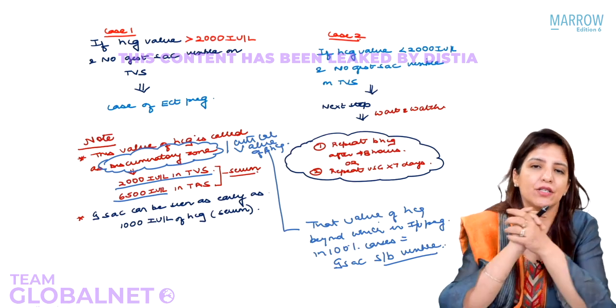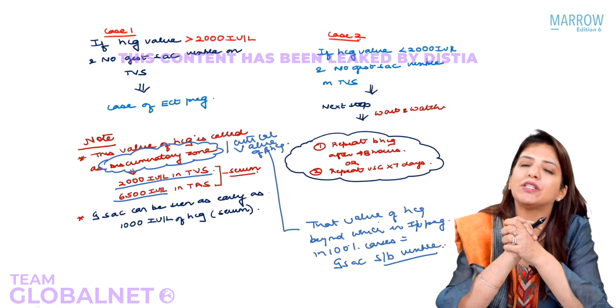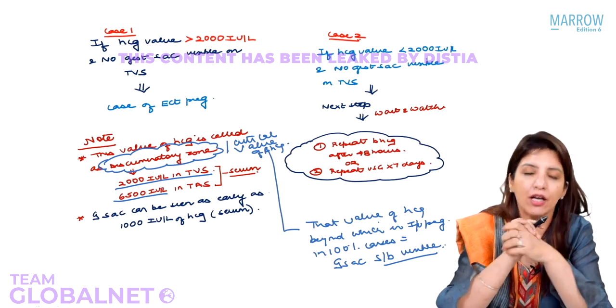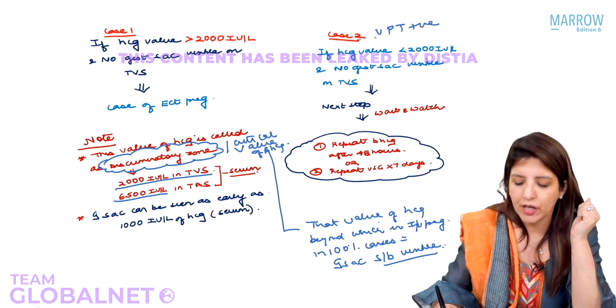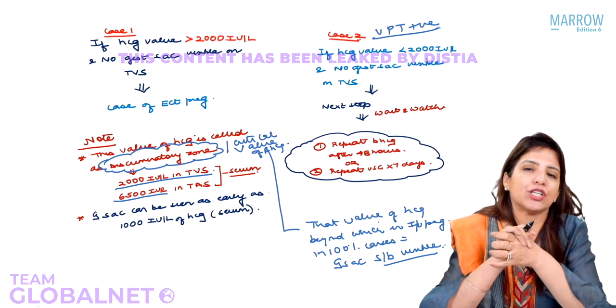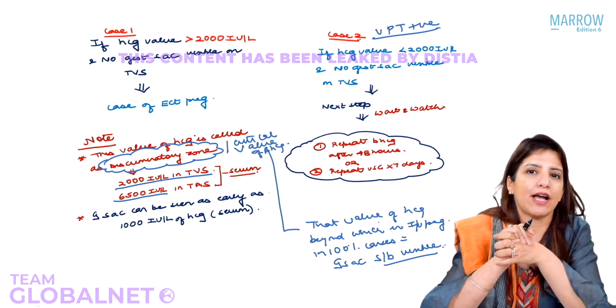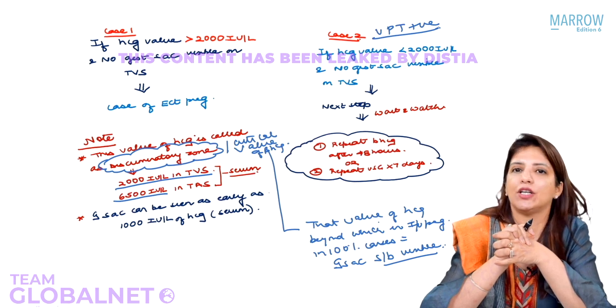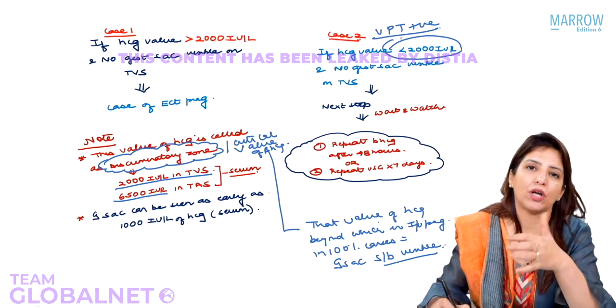Now let's talk about another case. Suppose there is a female in whom on ultrasound we did not see any gestational sac. Her urine pregnancy test is positive. I did not see any gestational sac on TVS, so I got her HCG levels done and saw that her HCG levels are less than 2000.